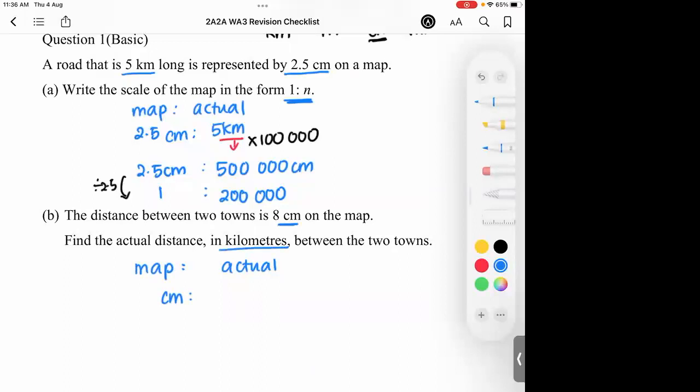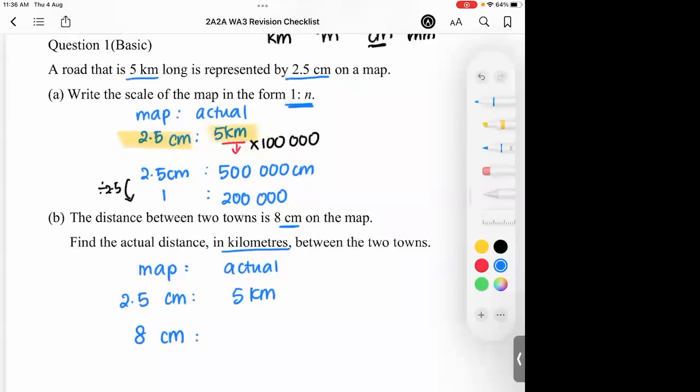We have to use the scale. We know this scale: 2.5 cm and 5 kilometers. So we're going to use 2.5 cm is to 5 kilometers. The question wants 8 cm, so I put 8 cm on the map.